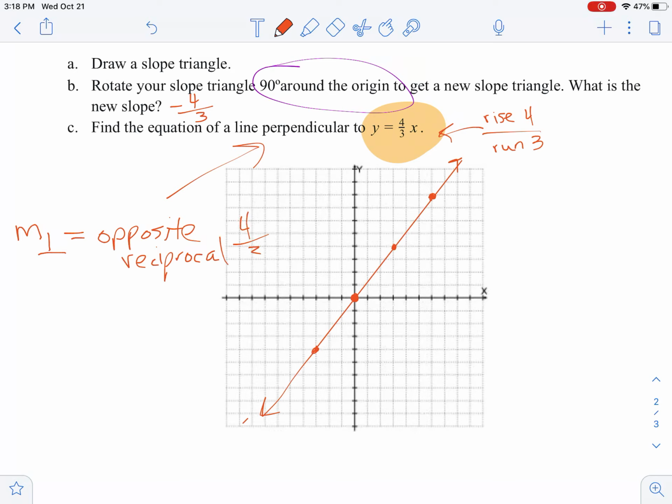So it's got to be the opposite reciprocal of 4/3. Opposite means it's going to be the opposite sign, so now it's negative, and then it's going to be a flip-flop, so 3 over 4. So now negative 3 over 4 is going to be my new slope.